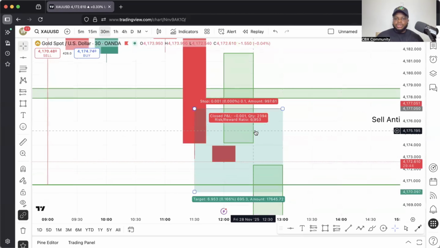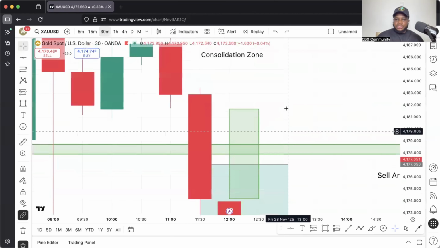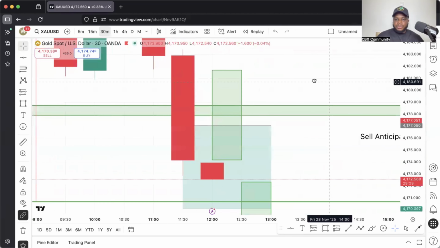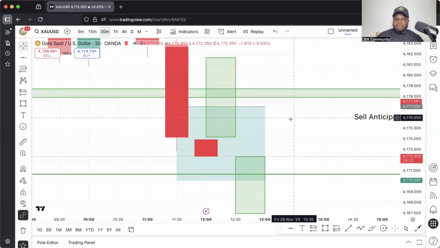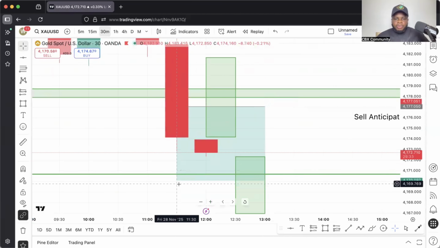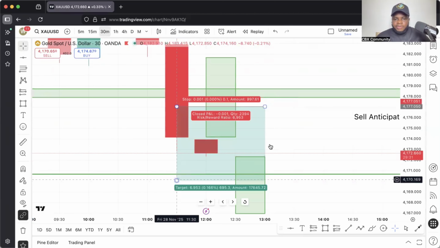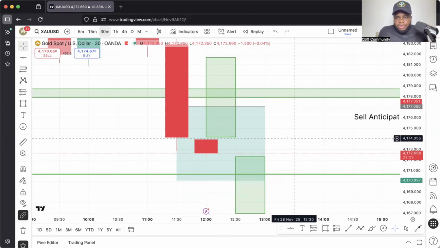So if this candle should continue to close with a bullish candle back to this consolidation zone over here, I'm not going to lose this trade. I already have closed my 50%, and I'm anticipating this candle to continue to come down to this take profit. Let's see what this candle wants to do.